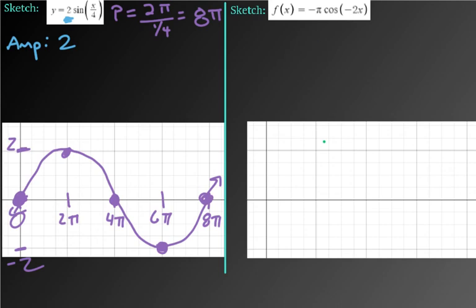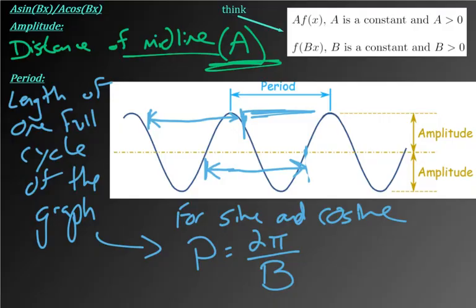For this one, cosine, same kind of stuff. The one thing that's a little different here is we have some negatives, but they're no different than anything we've seen all year. This one represents a horizontal flip, and this is a vertical flip. One thing I want you to see about cosine: our basic cosine graph looked like that, and it would just keep going.